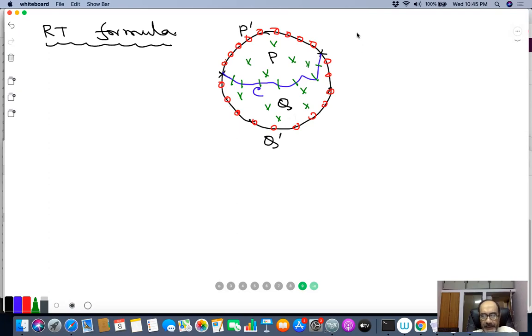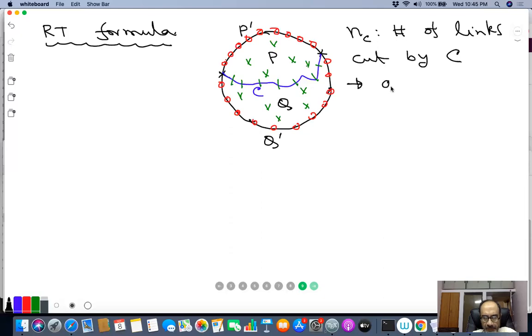Let's say NC is the number of links cut by C. This will play the role of area.